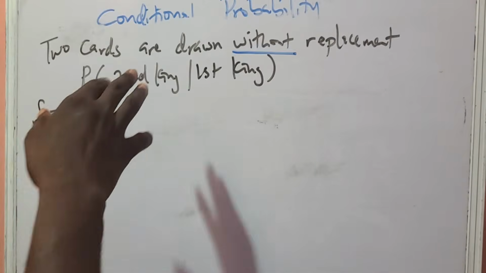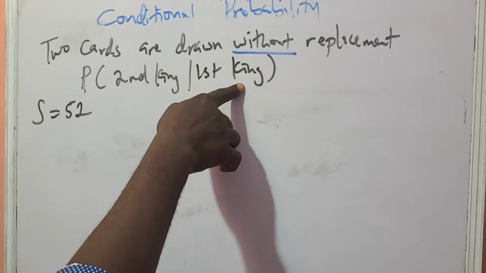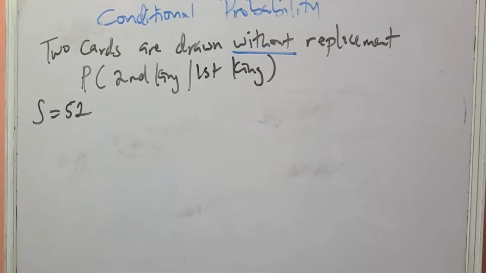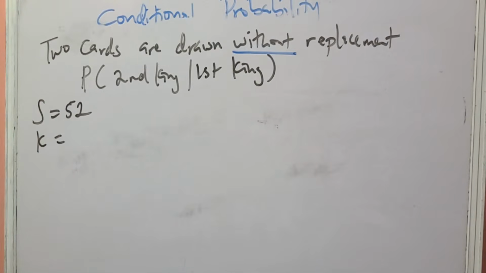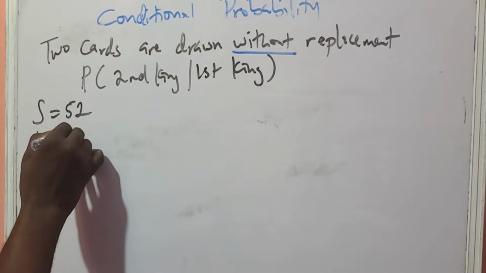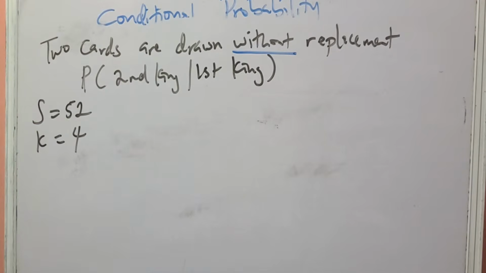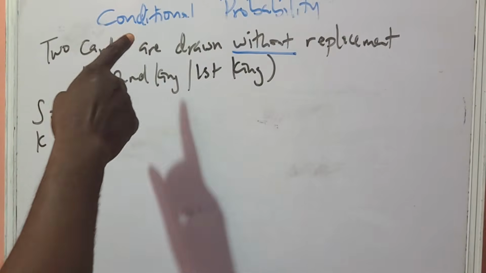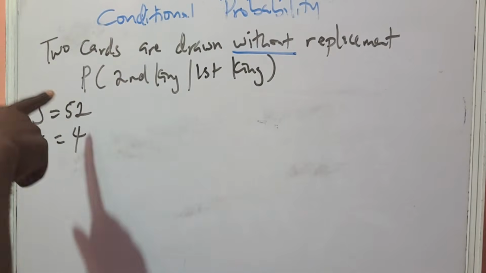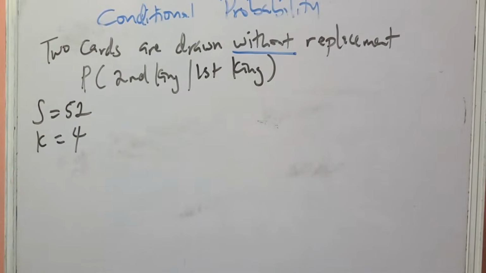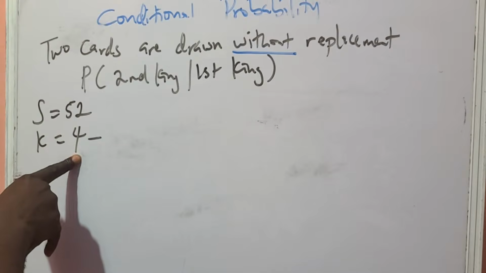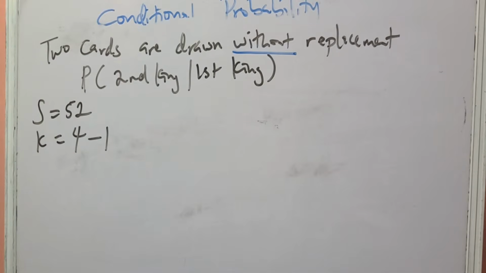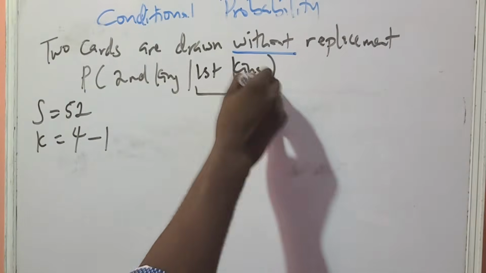Now, the first was a king, of course. What is the event space for kings generally? We have just 4 kings, don't we? Normally, we have 4 kings. What's the probability of you getting the second one as a king, given that the first was a king? Now, the first was a king. That means out of these 4 kings that were existing before, you are having a deficiency of 1 because the first was already a king.